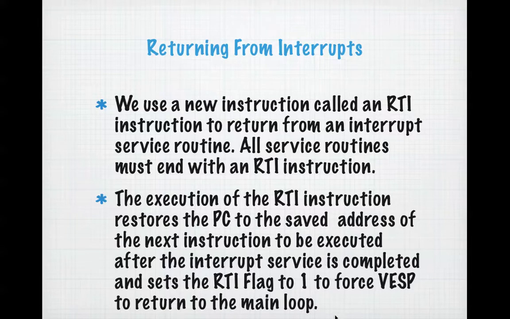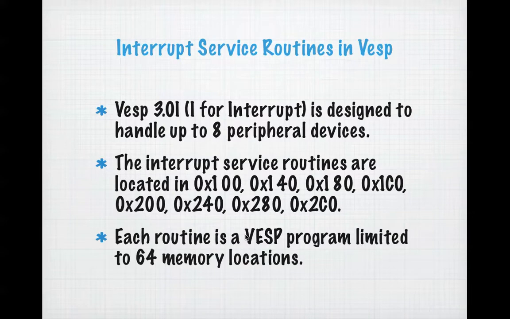Now, as I said, we tap these routines, so-called interrupt service routines, by these locations. Since they are all separated by 64 decimal locations from one another, all we have to do is know that a given routine has a device ID associated with it.